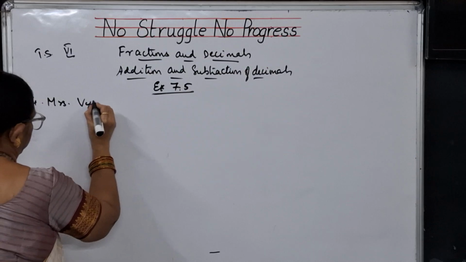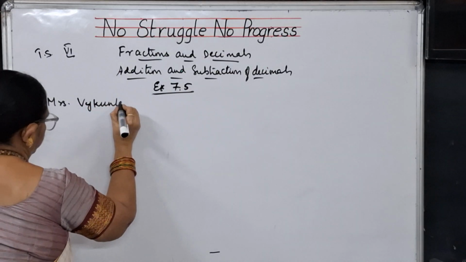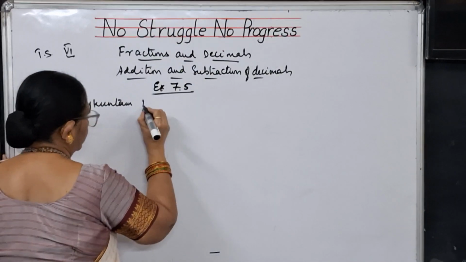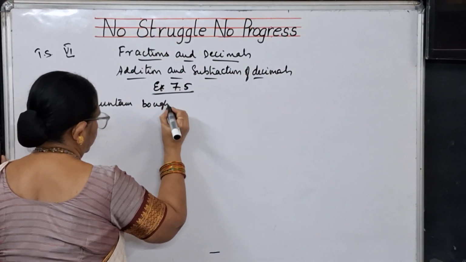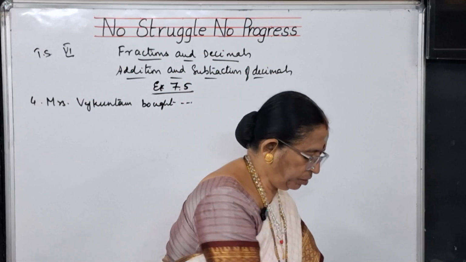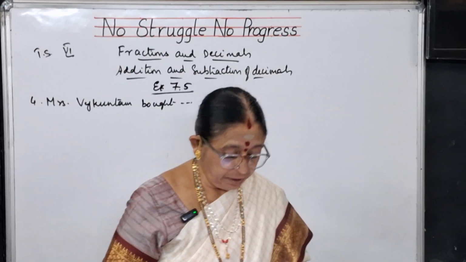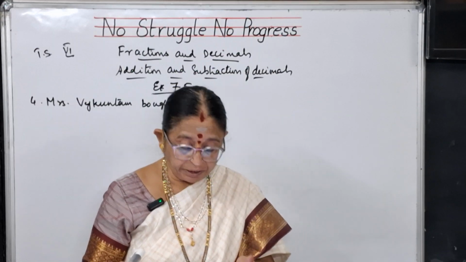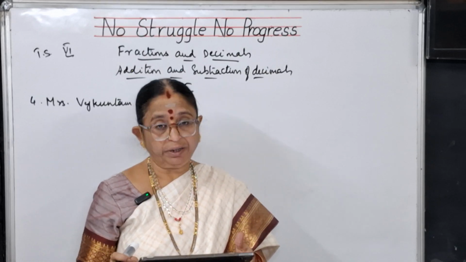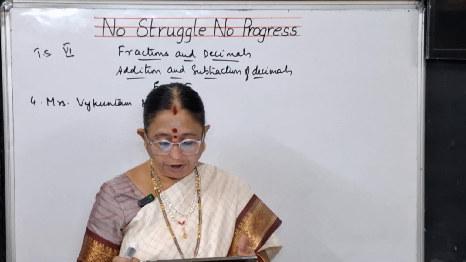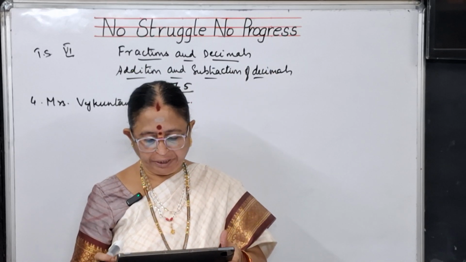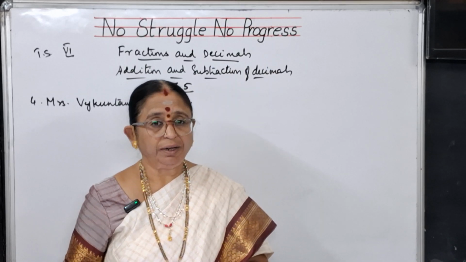Let me read the problem. Mrs. Vaikuntham bought 6.25 meters of dress material for her older daughter and 5.75 meters for the younger one. How much dress material did she buy for her daughters?